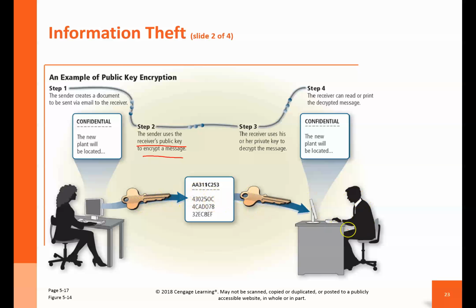The man, upon receiving this encrypted code, will use his private key to decrypt the message. So the receiver's public key is used for encrypting, and he would use his or her private key to decrypt it.